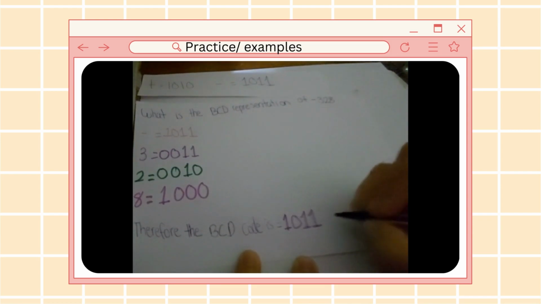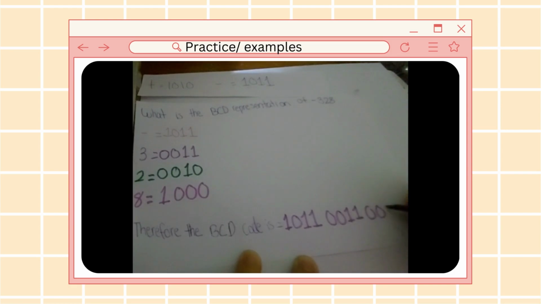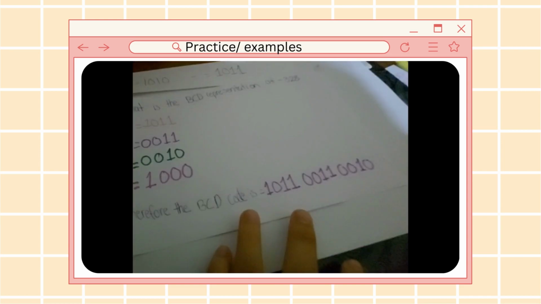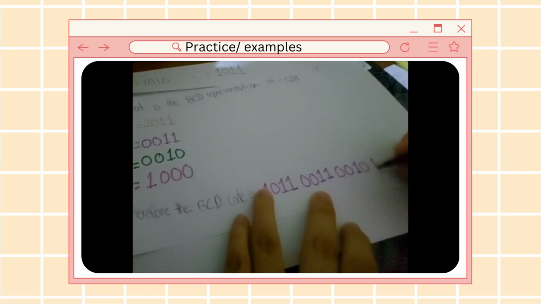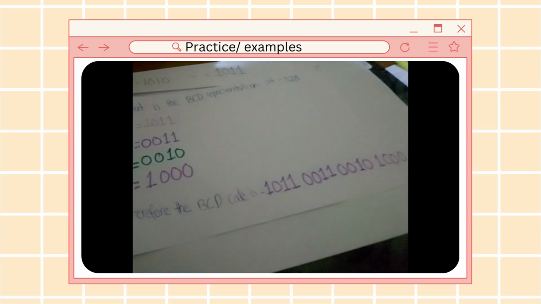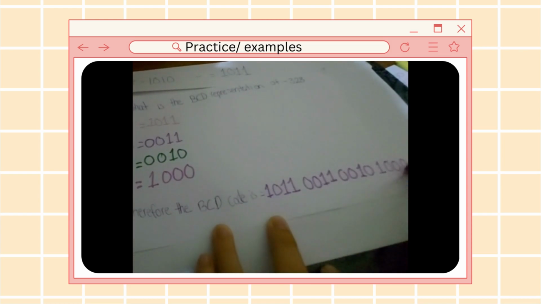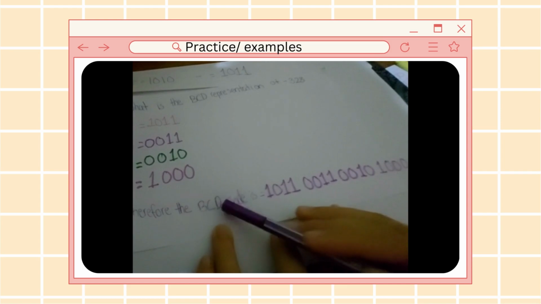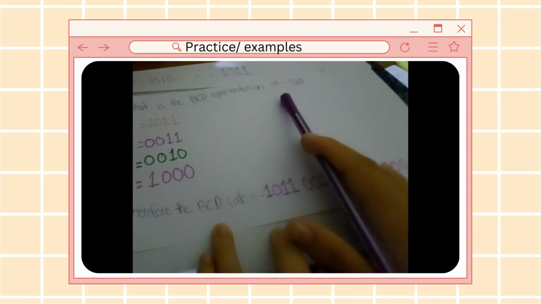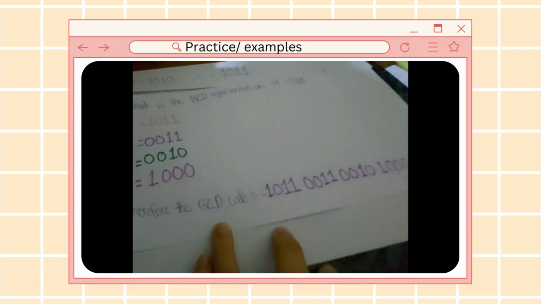Therefore, we will continue with 0, 0, 1, 1, 0, 0, 1, 0, and 1, 0, 0, 0. This code over here is now the BCD code for negative 328.